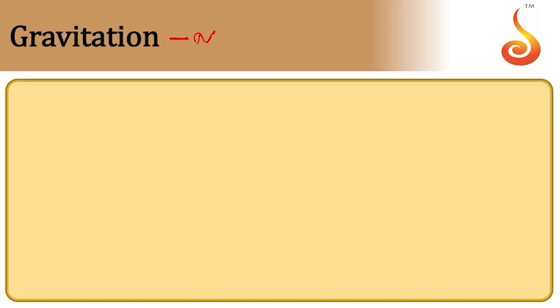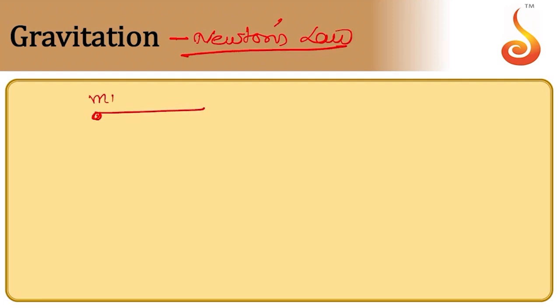First of all, the idea of Newton's law of gravitation. Consider 2 point masses m1 and m2 separated by a distance r. Then, according to Newton's law of gravitation, the force of attraction between them is given by G m1 m2 divided by r square, where G is the gravitational constant, and this force is always directed towards each other.